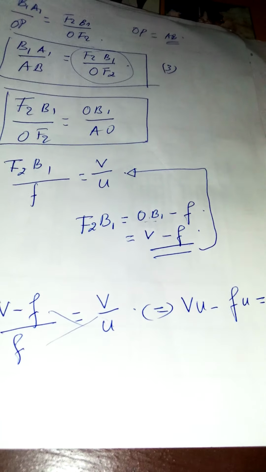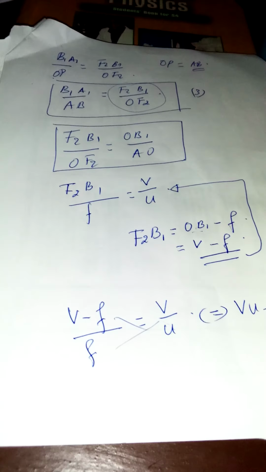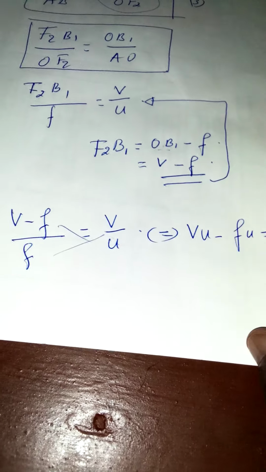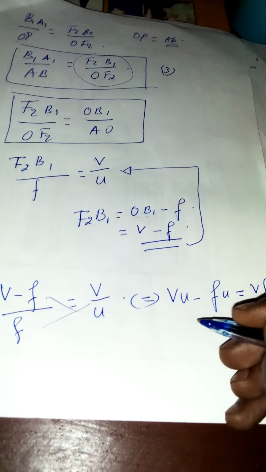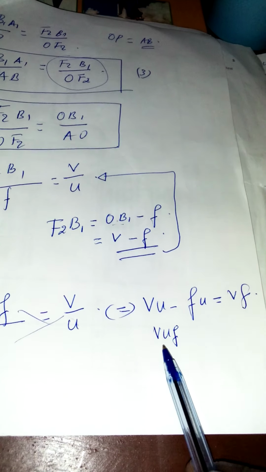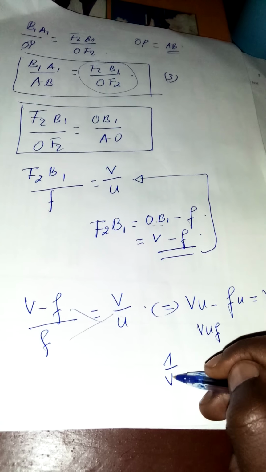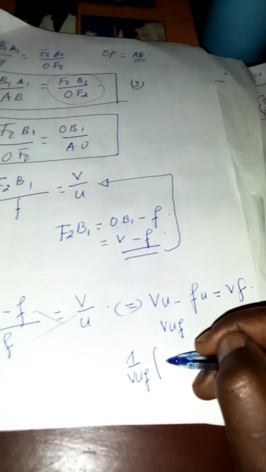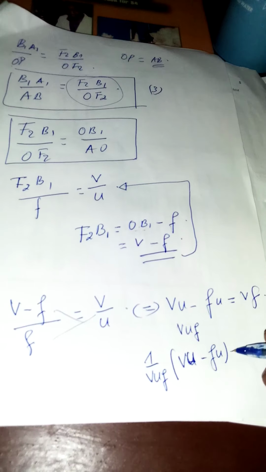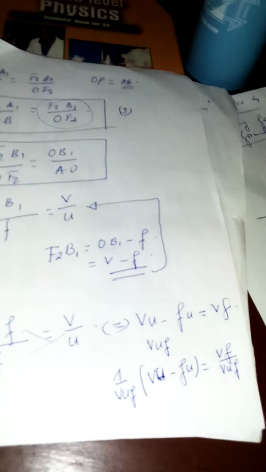No question? Yes. So to get the final formula, we are going to divide both sides by the term VUF, meaning 1 over VUF multiplied by VU minus FU is equal to VF over VUF.